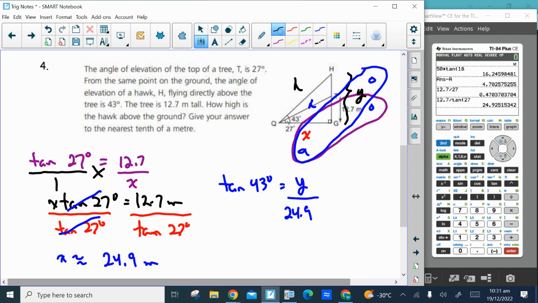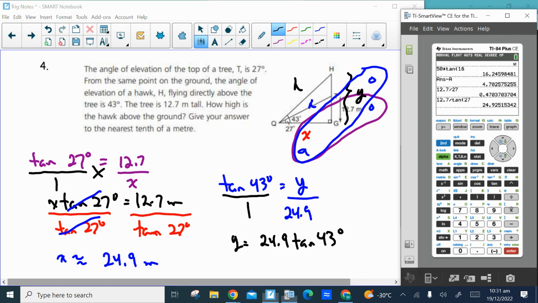That number is in my calculator. So when I cross multiply, 1 times y will equal 24.9 times the tangent of 43 degrees. So 24.9, which I've got on my calculator, times the tangent of 43 is approximately 23.2.